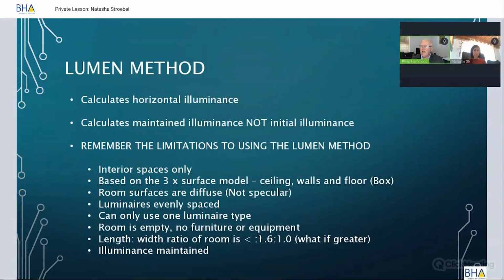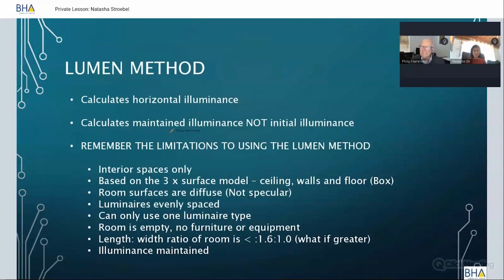If I wanted to see how much that light's going to put on my face, I need vertical illumination. But the Lumen method doesn't calculate vertical. You understand that?